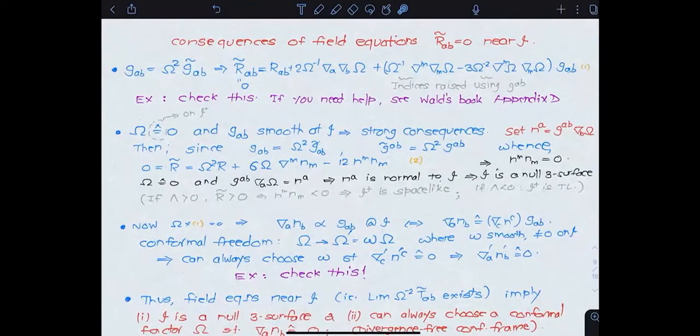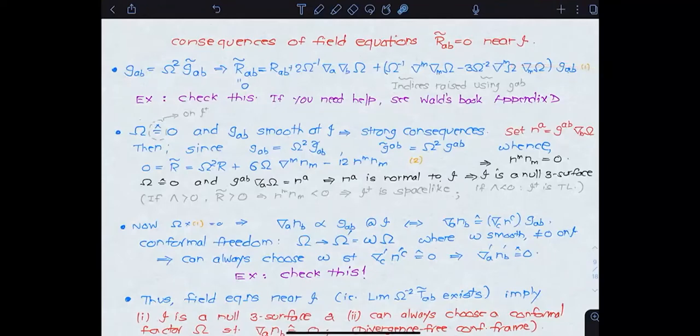But at the moment, I'm just making my life simpler by saying that we have vacuum equations. Then I have the conformally rescaled metric, and this is the physical metric. This relation enables you to relate the Ricci tensor of the conformally rescaled metric to the Ricci tensor of the physical metric, and the exercise is to check this relation. If you need help, see Wald's book, Appendix D, where he does conformal transformations.